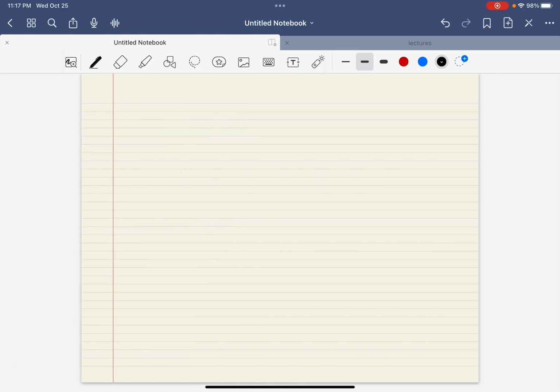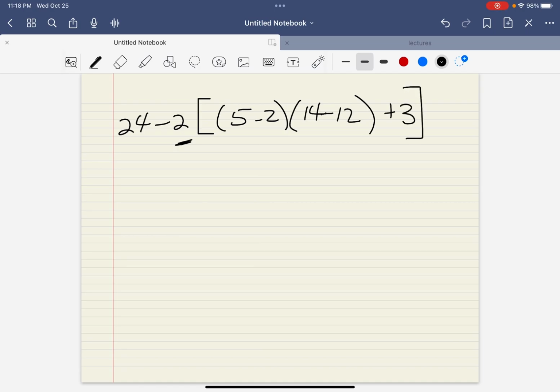Next, we add brackets. So 24 minus 2 bracket, and don't ever think that you can subtract 24 minus 2 to start with. Absolutely not. This 2 has to be multiplied by what comes out of that bracket. So then we have 5 minus 2, and then 14 minus 12, and then plus 3, and then the bracket.